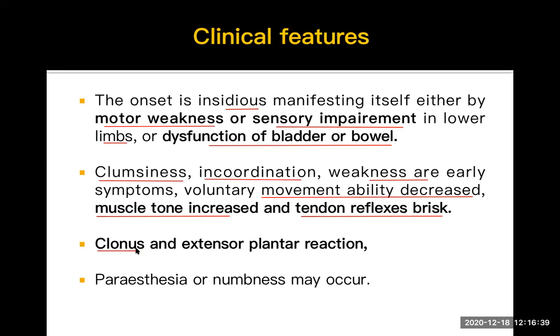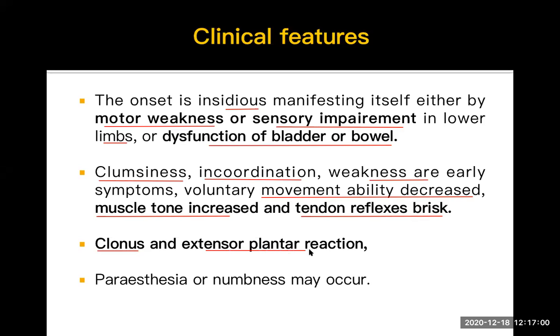But we elicit this a bit differently, isn't it? Patellar clonus and ankle clonus are the two which are usually elicited in clinical practice. And this is rhythmic oscillation. Once you give the stimulation, that rhythmic oscillation for a longer time is called clonus.